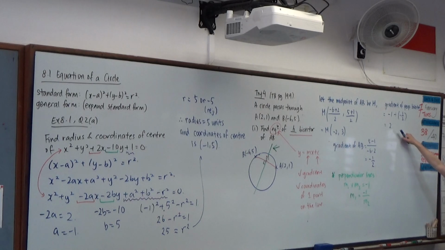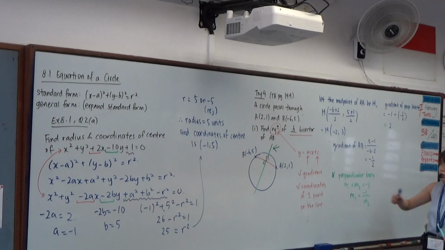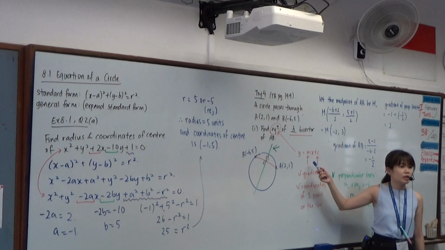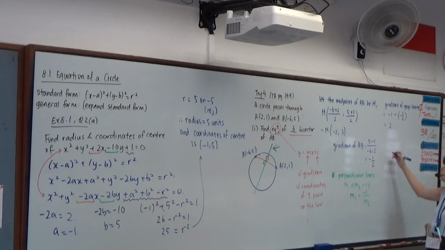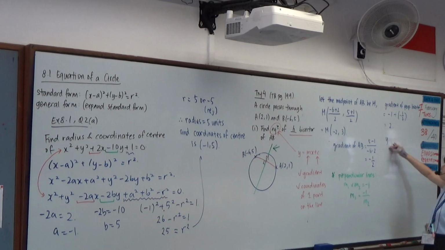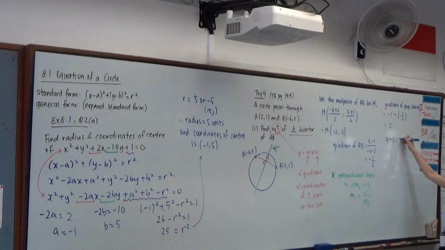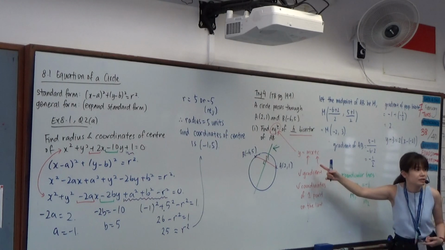So we now have the gradient, and we now have the midpoint. Then we can find the equation of a straight line. Because I was not with you last year, I was just wondering, do you always use this form, or do you usually do y minus 3 equals 2 times (x minus negative 2)? You usually use this one?